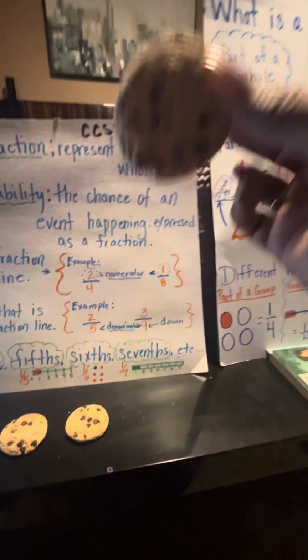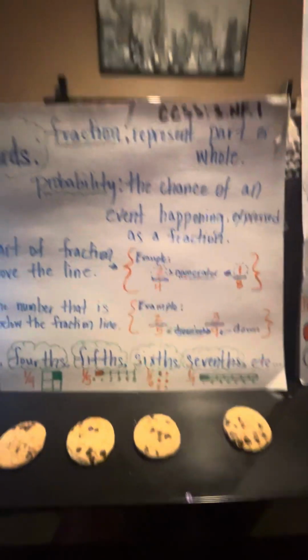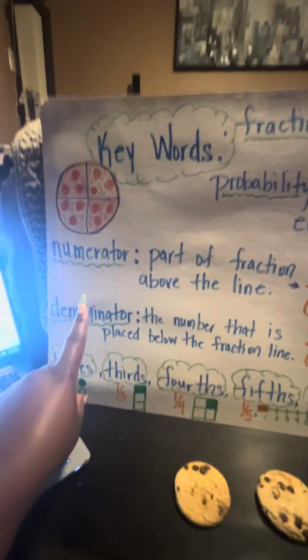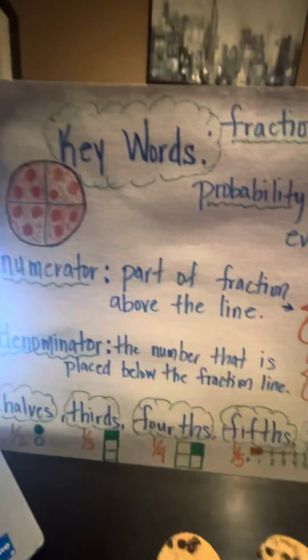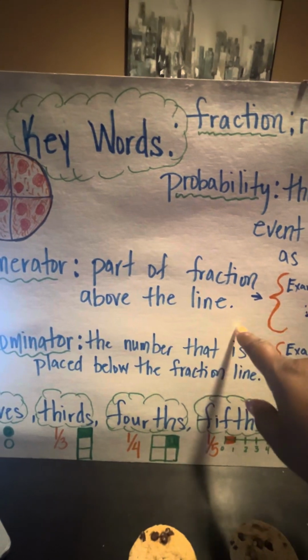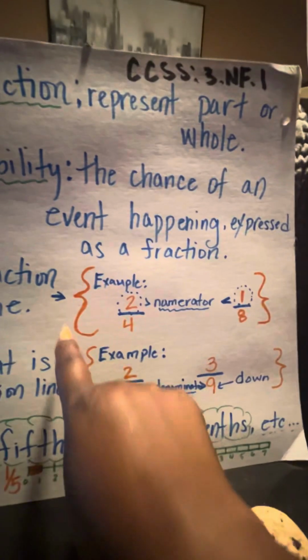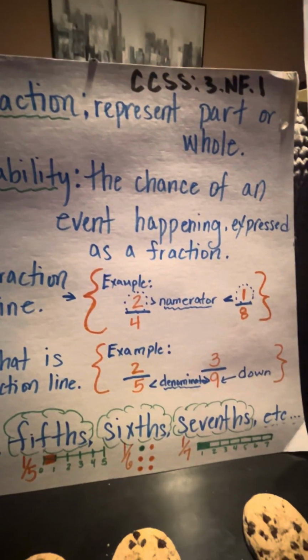This is what I do at that point. We talk about numerators and denominators. The numerator is always the top of the fraction. It is the part of the fraction that is above the line. We go over to our examples. Students, what would be the numerator?